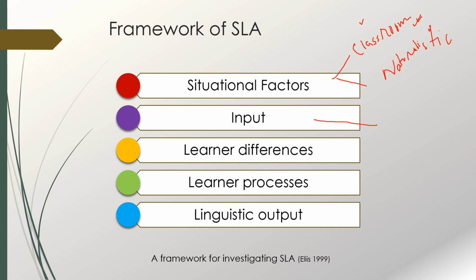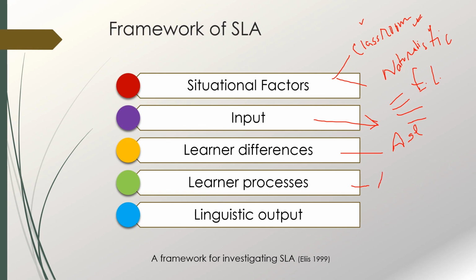And then the input. Of course, you need to give the input in order to produce output. So the better input you have in the English language, the better you will learn. And the learner differences: yes, learners are different, based on their age, aptitude, and other issues. And the learner processes, that means the learners process the language or the learned knowledge differently.